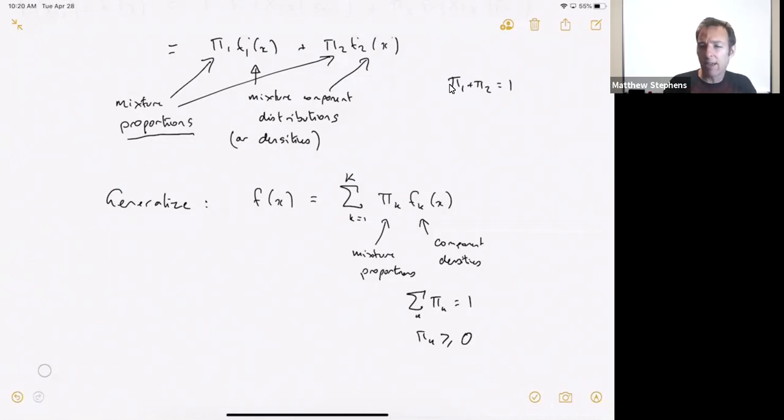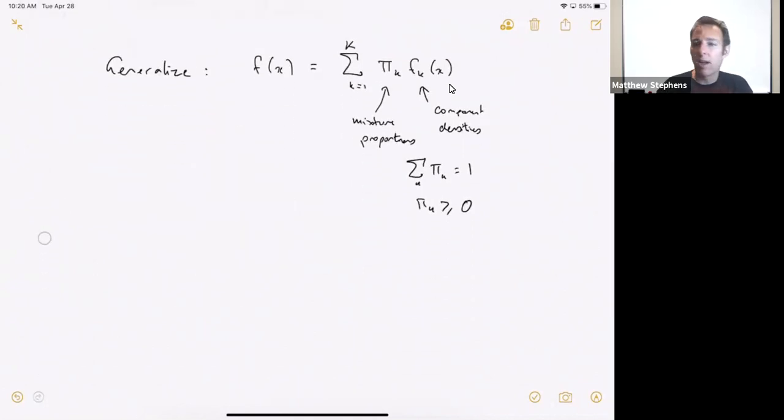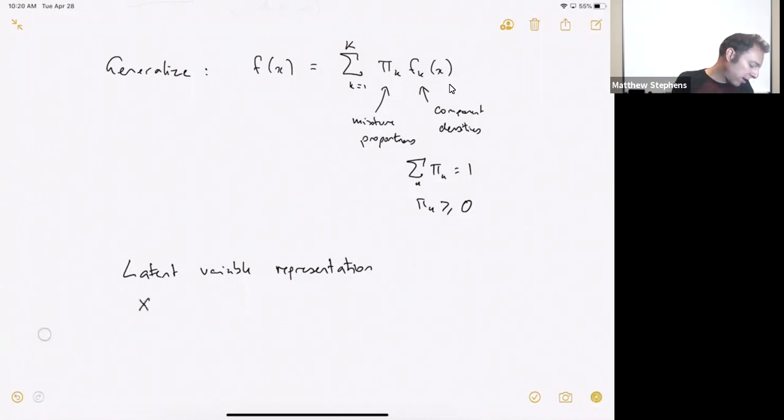It's common to introduce a latent variable representation, and it's common to use the notation Z to represent which component of the mixture gave rise to observation X. So let's assume that X1 up to Xn are coming from a mixture f of x, the one above.